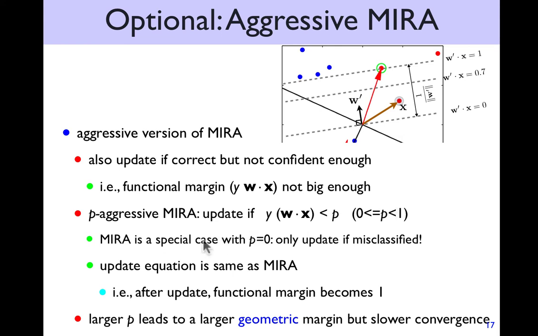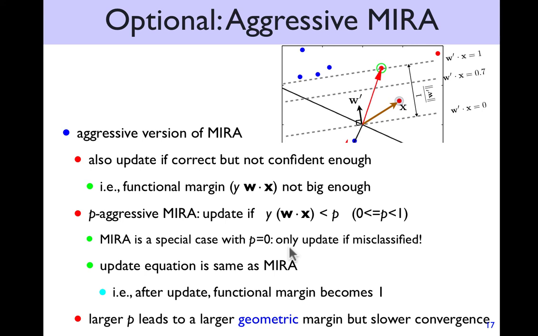In this case, MIRA is a special case where p, the aggressivity parameter, is 0. That means I would only update if the current example is misclassified. So I have very high tolerance for MIRA. MIRA says, as long as it's correctly classified, I don't care about margin. But aggressive MIRA says, even if you correctly classify, if your margin is too small, I still update.